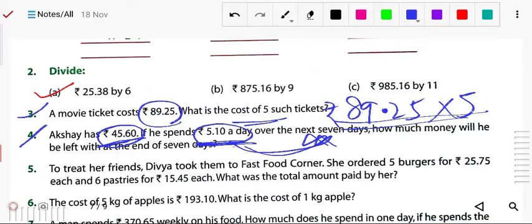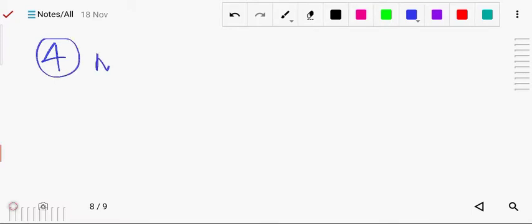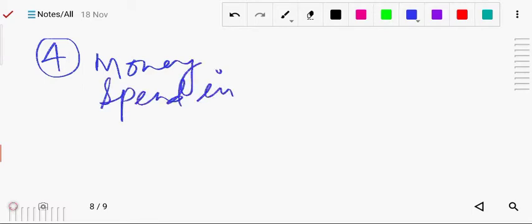Okay, so let's solve question number 4. First of all, money spent in 7 days we will find. In 7 days, every day he is spending how much?